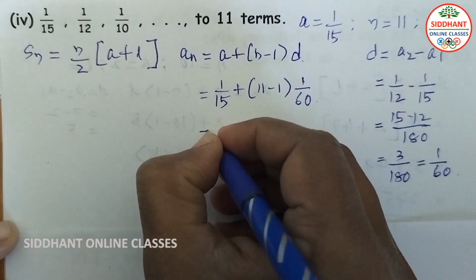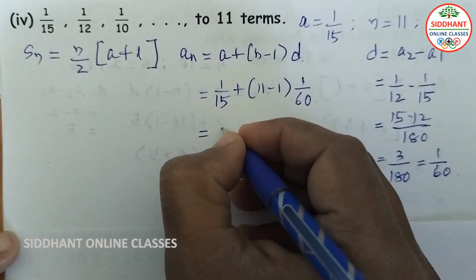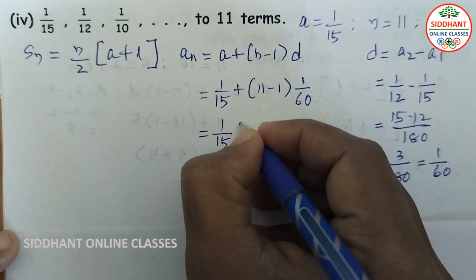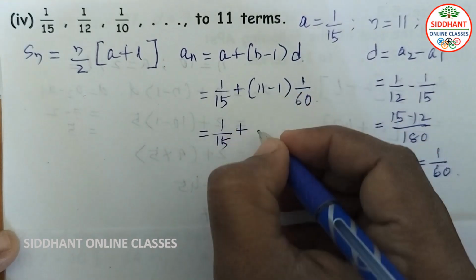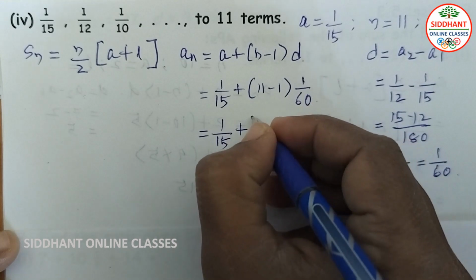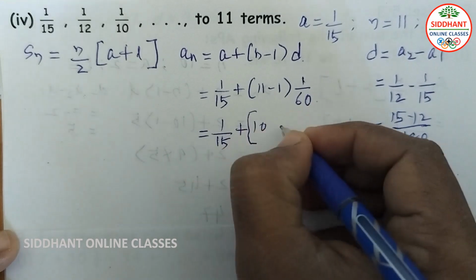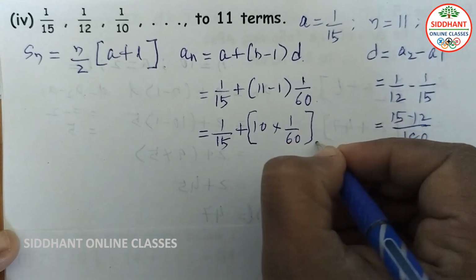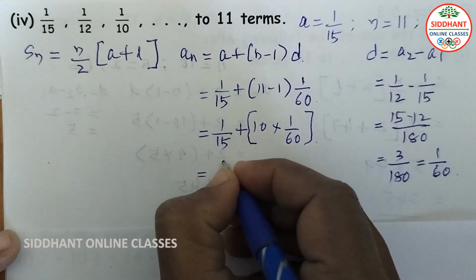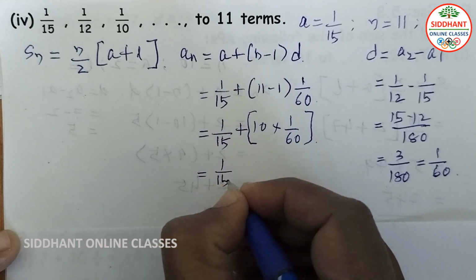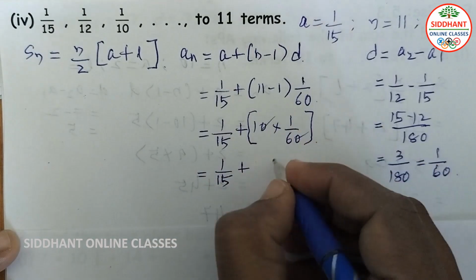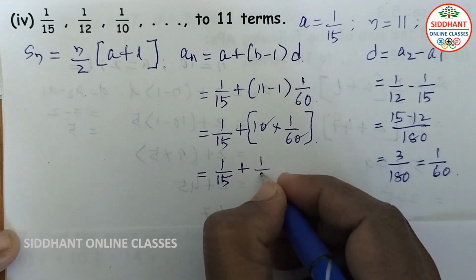So 1 by 15 plus 11 minus 1, that is 10, into 1 by 60. That equals 1 by 15 plus, the zeros cancel, 1 by 6.